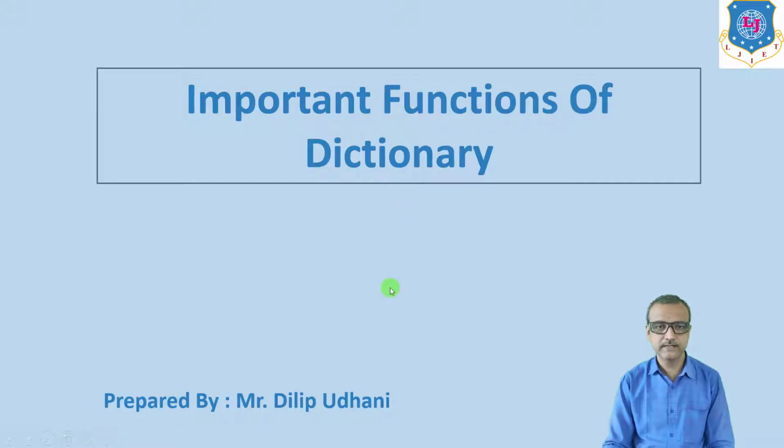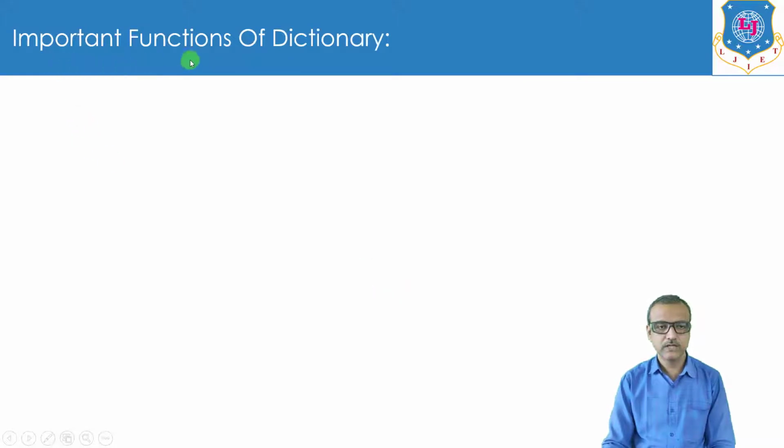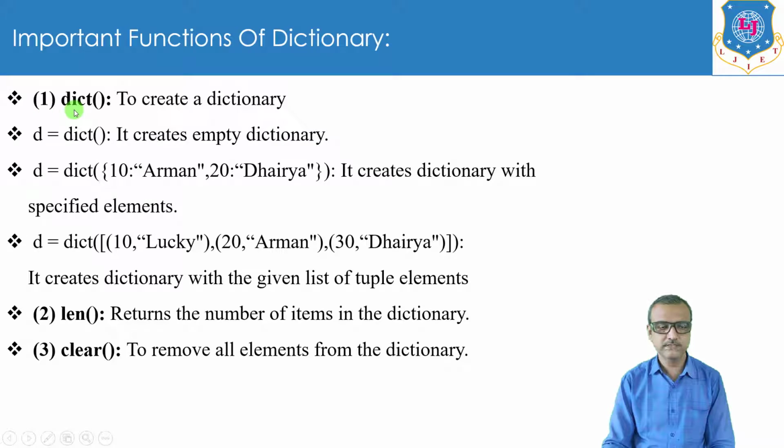So let's start. We have important functions of dictionary. First one is dict. What will this dict function do? With the help of this function we can create a dictionary. D equals dict creates an empty dictionary.